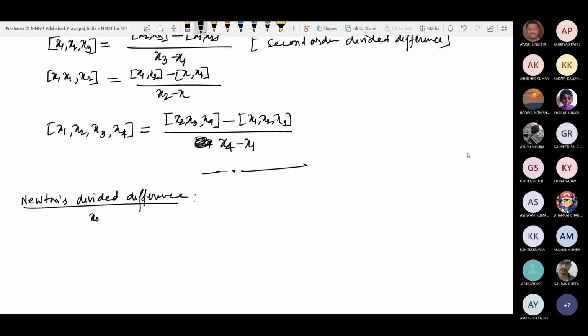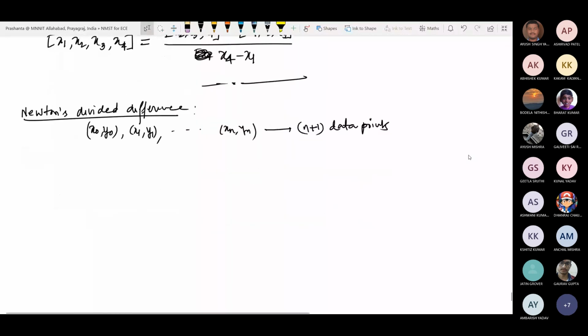So the data points are x0, y0, x1, y1 up to xn, yn. Arbitrary data I have taken, n plus 1 data points.